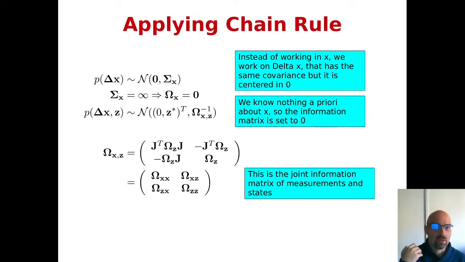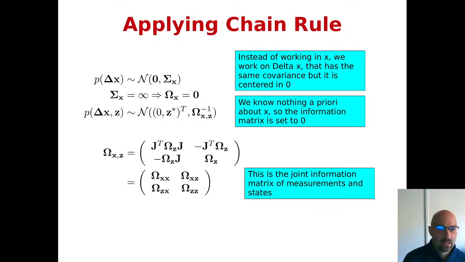Then, if I reason in delta x, I could straightforwardly say that my prior on delta x has zero mean, because delta x is the perturbation around the optimum state. So, P of delta x is basically a normal distribution with 0 as mean and 0 as information matrix.